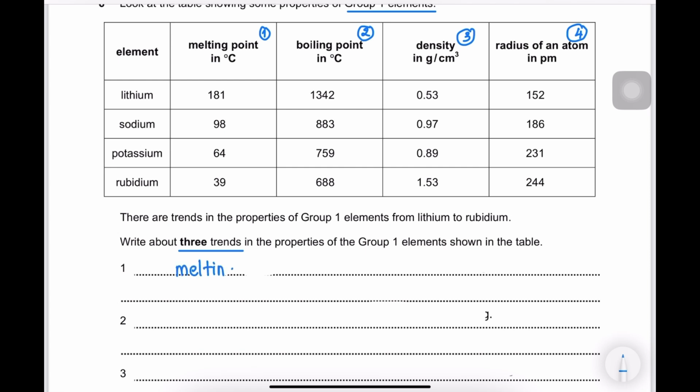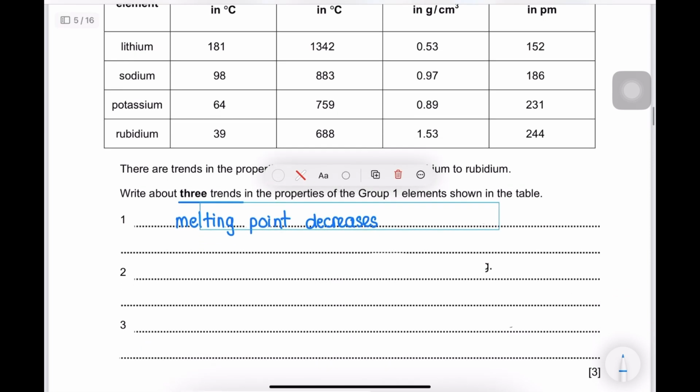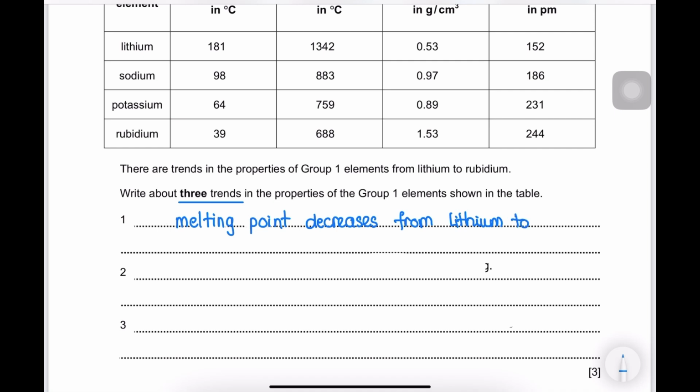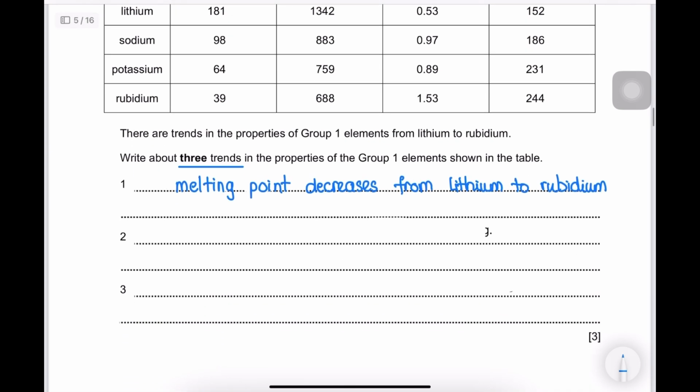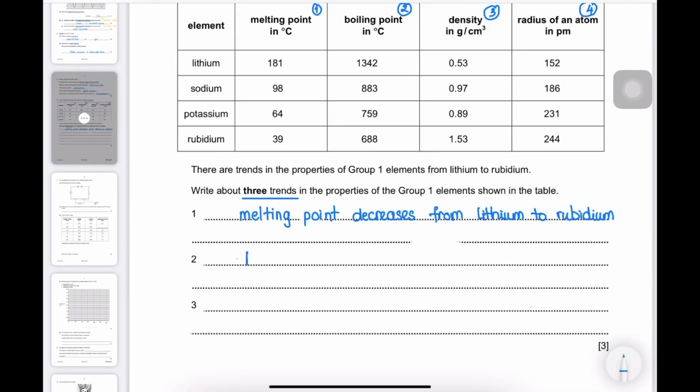Melting points decrease. Lithium has the highest melting point, and rubidium has the lowest. Boiling points decrease. The higher up in the group, the higher the boiling point.